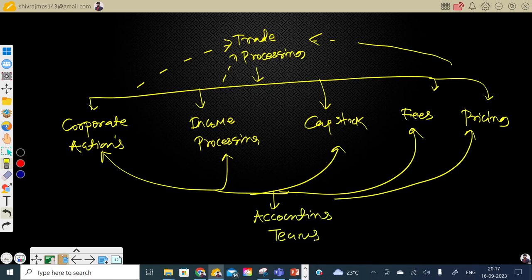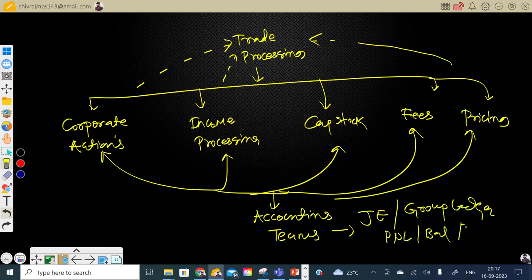So accounting teams work with all other processes. They work with trade processing, corporate action, income, cap stock, fees, pricing, because they prepare journal entries. They prepare the general ledger for all other activities. They prepare P&L and balance sheet, and even the fund flow statement.